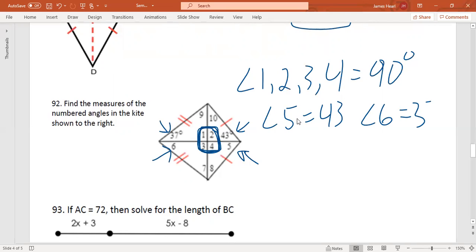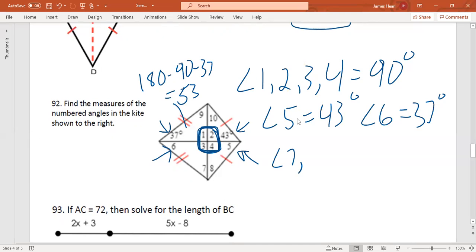The only real work in this problem is to go figure out 7, 8, 9, and 10, because you have to actually finish the triangle problems out. So up here in the top one, 180 degrees minus the 90 minus the 37 is going to leave me 53 degrees. So that'll be angles 9 and angle 7, because we can use the folding technique again.